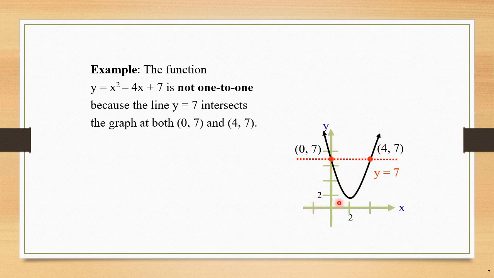As you can see, pag nag-draw tayo ng horizontal line at y is equal to 7, makikita natin na yung horizontal line, yung kulay red na nakikita ninyo, intersects our graph at points 0, 7 and 4, 7. Since dalawang point yung na-intersect niya, we cannot consider this as one-to-one function.